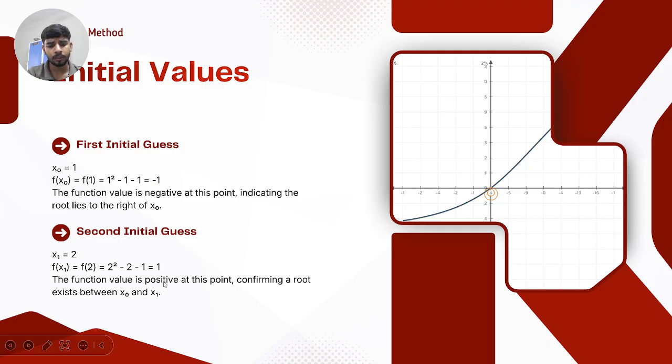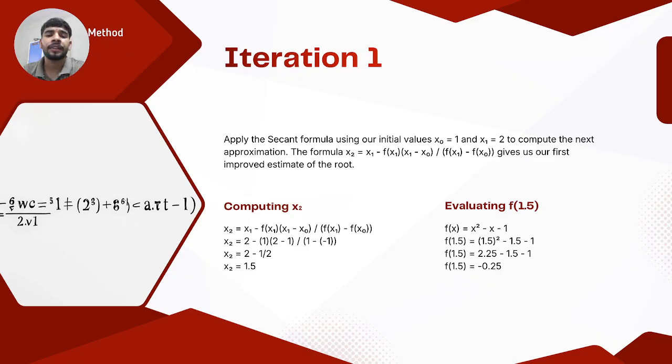The function value is positive at this point, confirming a root exists between x0 and x1. So there are two initial guesses we have taken. Now the iteration: applying the secant formula using our initial values x0 and x1 to compute the next approximation.